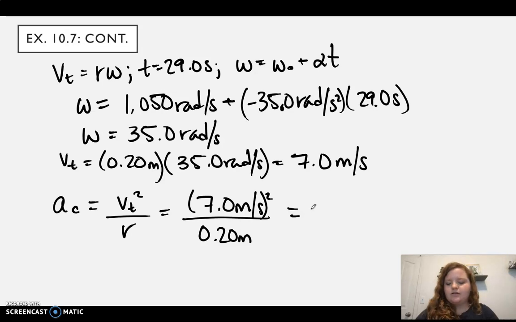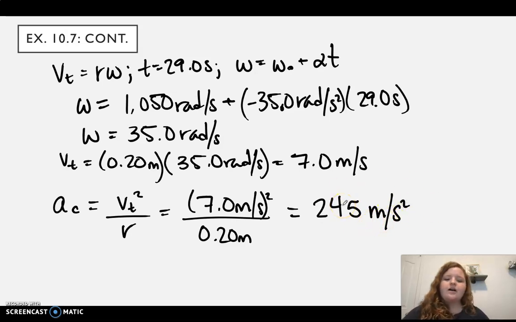Okay, so let's do that. 7 squared over 0.2, and we get 245, and this is in meters per second squared.